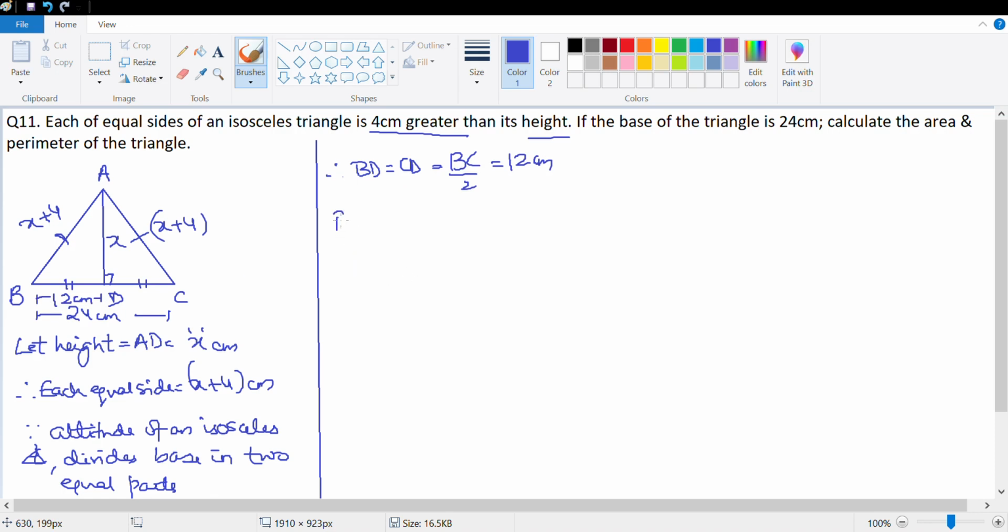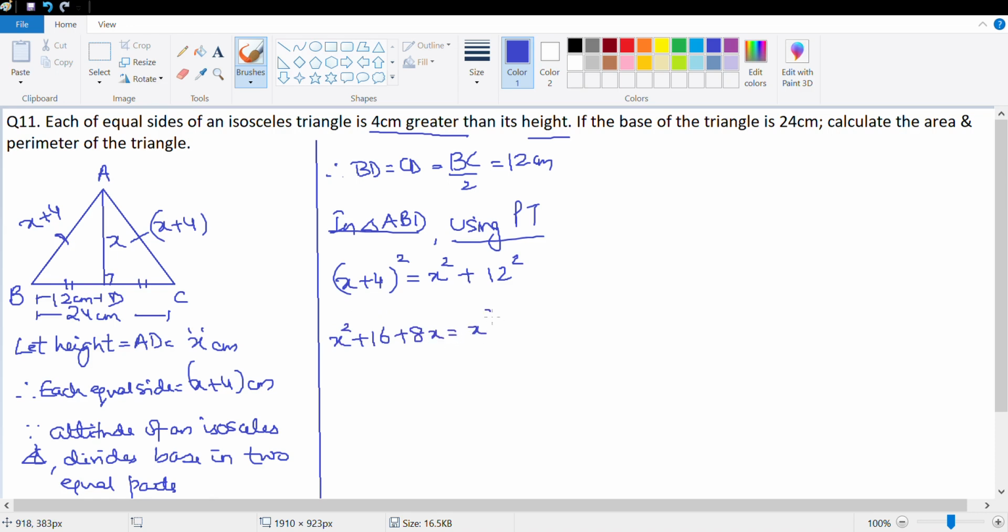Perfect. So now in triangle ABD, using Pythagoras theorem, we get hypotenuse square, in this case (x plus 4) square, is equal to the sum of squares of the other two sides, so that's x square plus 12 square. Let's open this: x square plus 16 plus 4 into 2, that's 8x, is equal to x square plus 12 square, that's 144.